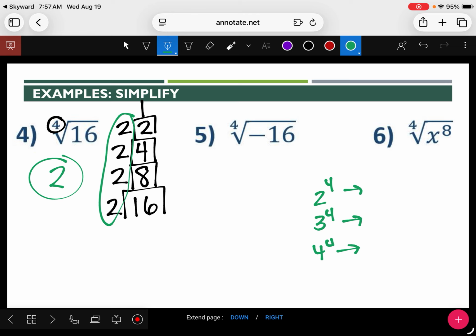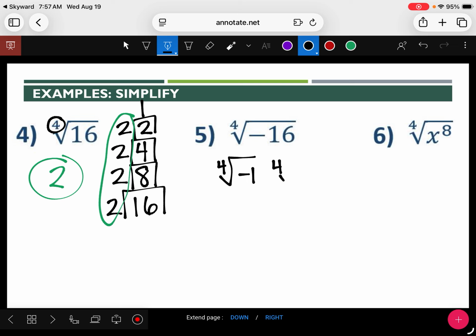All right, so 5 and 4 actually go together. But the only difference is that 5 has a negative. So we have to take away that negative. You always separate the negative. Now we've already done this question. So we already know that the answer to this is 2. We don't need to make it again.